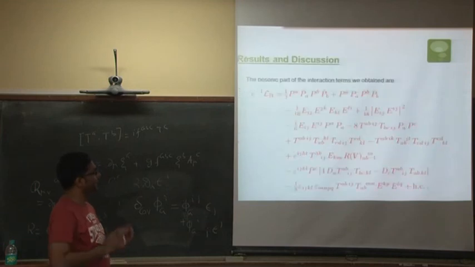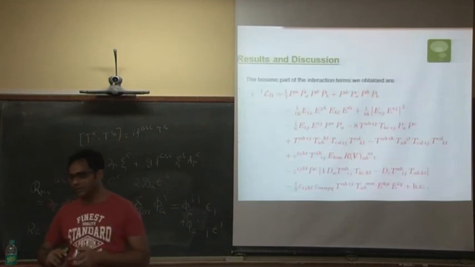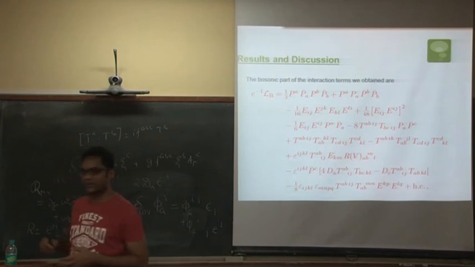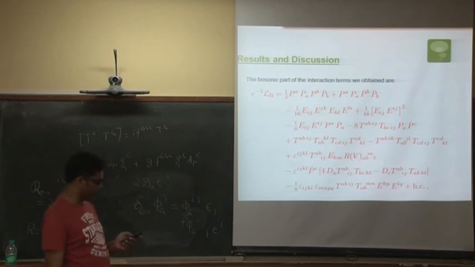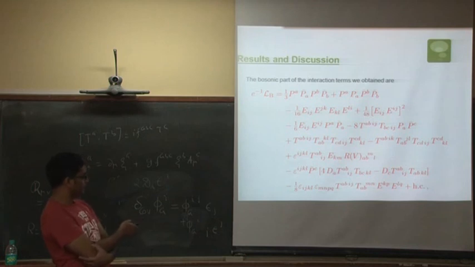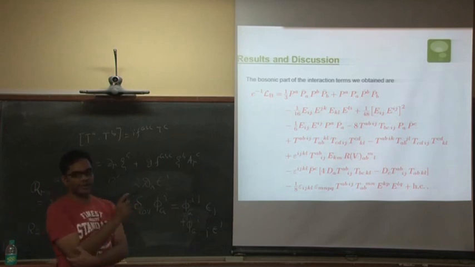What I will do is only give you the results containing the bosonic part. These are the bosonic part of the action that we got. These are the interactions. I am not writing the quadratic terms that I have already written before.